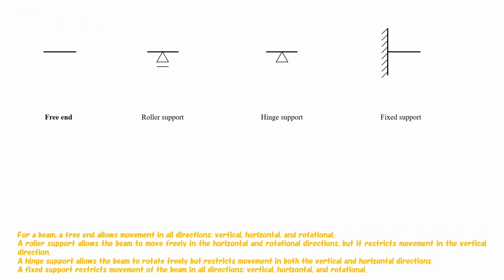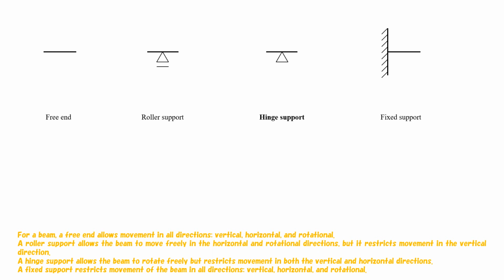For a beam, a free end allows movement in all directions, vertical, horizontal, and rotational. A roller support allows the beam to move freely in the horizontal and rotational directions, but it restricts movement in the vertical direction.